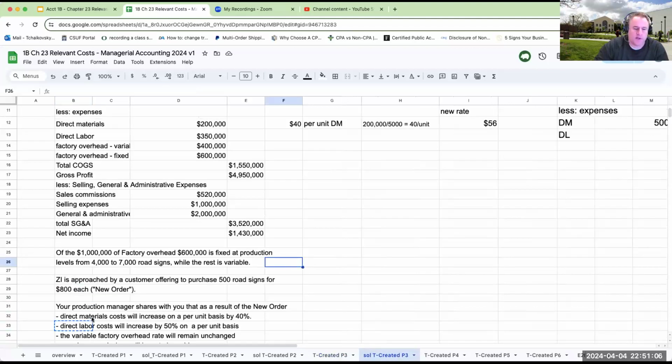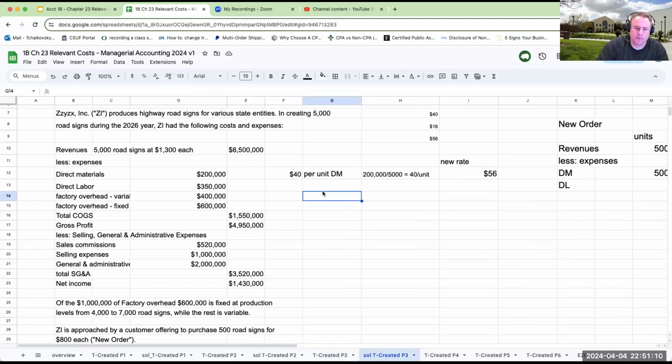So the direct labor costs will increase by 50% on a per unit basis. So the cost of my direct labor per unit is going to be 70. How did I get 70? I'm going to take 350,000, divide it by 5,000, and this is going to give me 70 per unit.